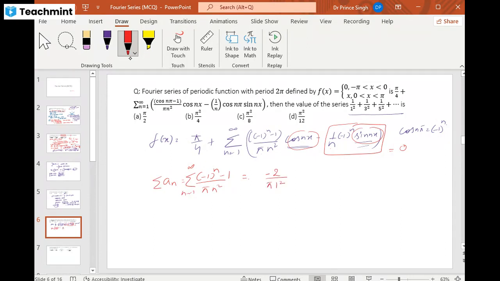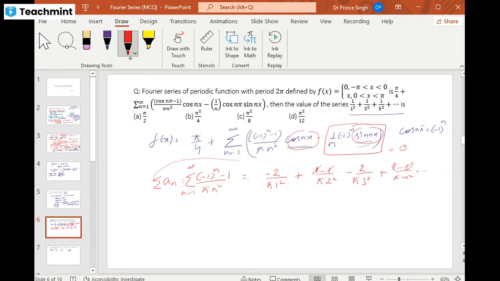If I put 2, then its value is minus 1 square is 1, 1 minus 1 upon pi times 2 square. So automatically this is 0. So it means that when we put odd term, then we get square. But when we put even term, then its value is 0, right? So it means that this term will be 0.